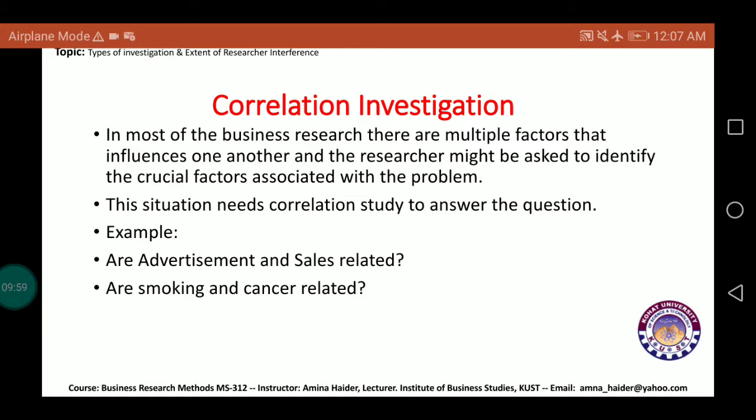So we want to say if one or more of these variables are associated, are related, or have any relationship between them, and which one has the stronger association. So a correlation study identifies important factors that are associated with the problem.